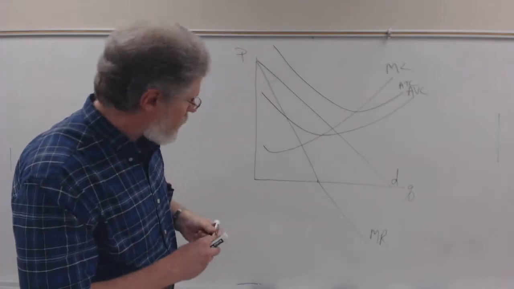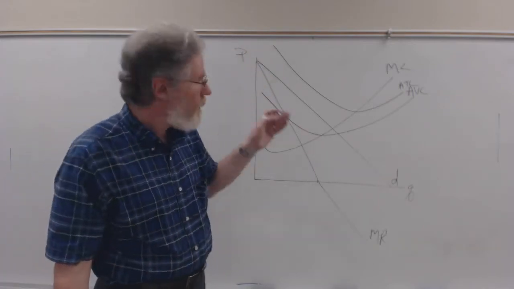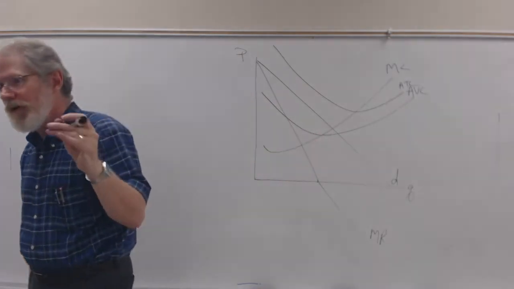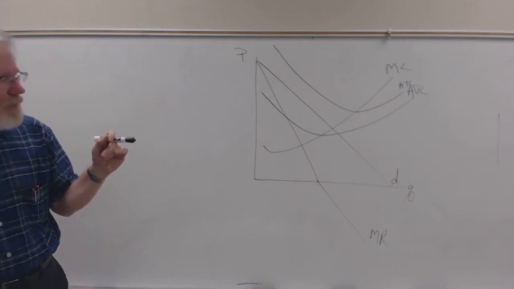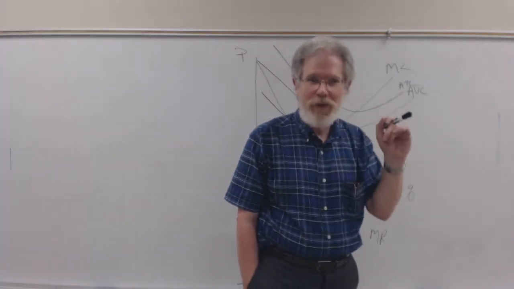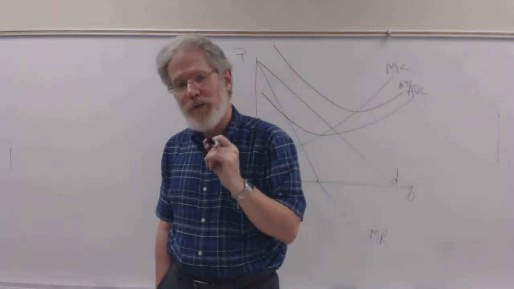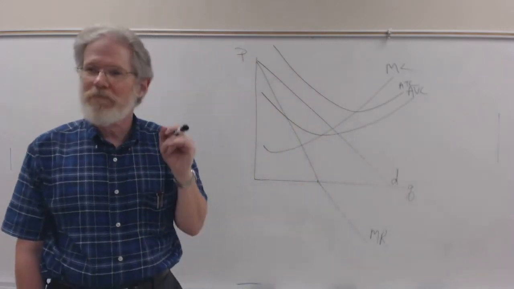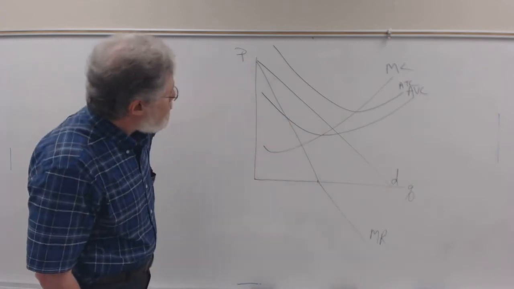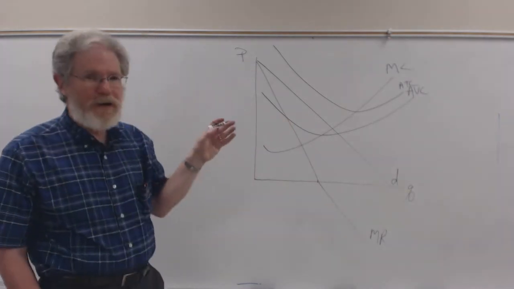And the question that you will be asked is, what is this firm going to do? There are a number of decisions that have to be made, and they're very easy if you approach them the right way. If you start at the wrong point, you forget it. Okay, you're lost. What do we say is the first thing you have to figure out?